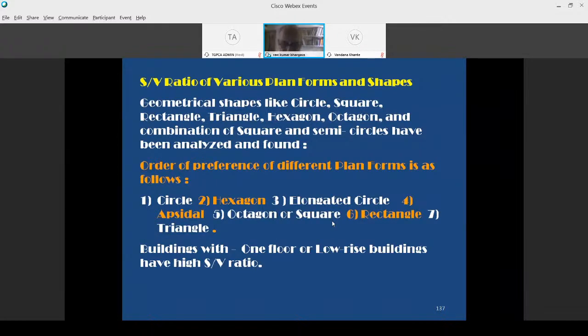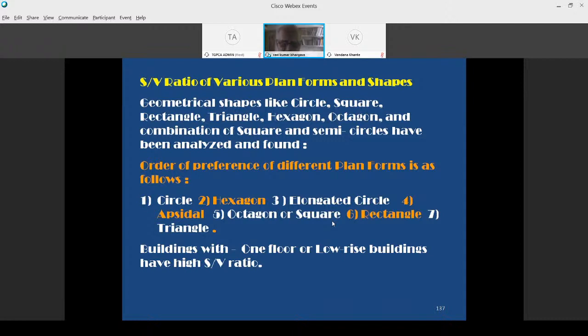Then our parliament. Then many of our assembly halls, auditoriums, etc., are circular in shape. So if you find that this form can fulfill the functional requirement, then go for this.